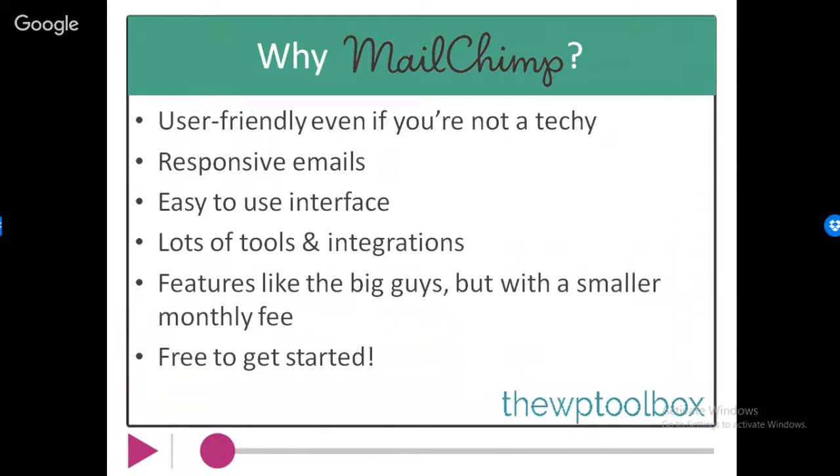It integrates with lots of other websites and services, so not just WordPress, it can integrate with WooCommerce and all kinds of other popular plugins and services that are out there. It has a lot of features, just like some of the bigger guys have, some of the ones that can be very confusing. It may not have all the bells and whistles, but it does offer a lot of stuff for a really reasonable price tag.